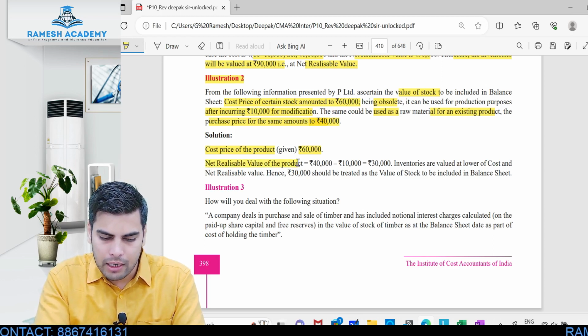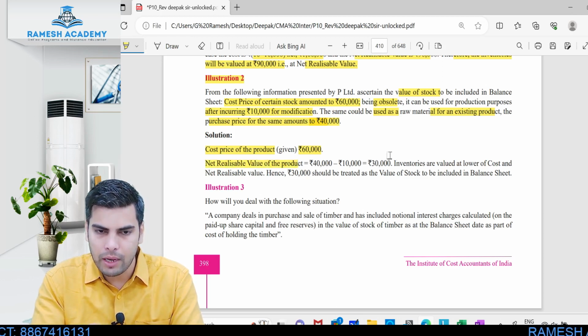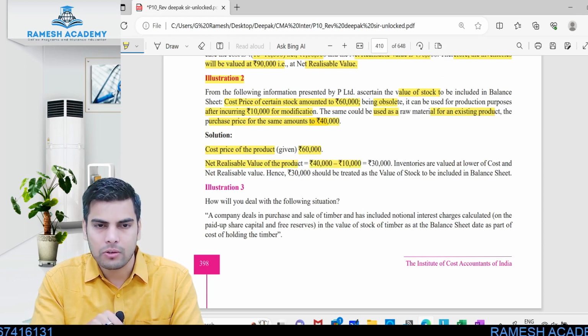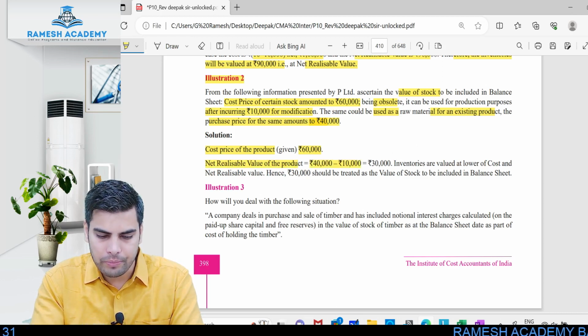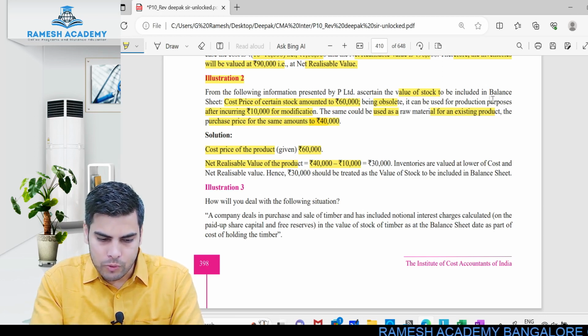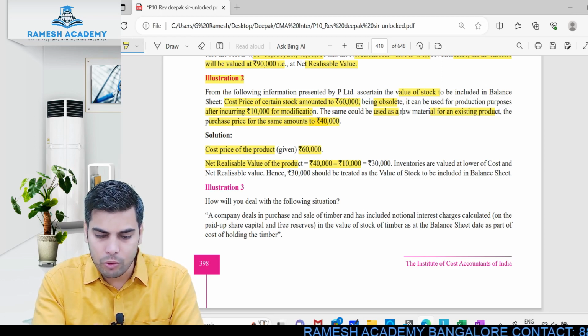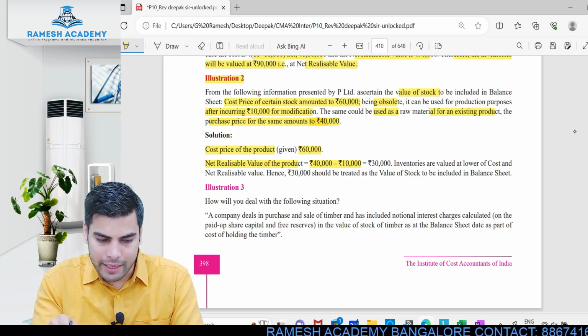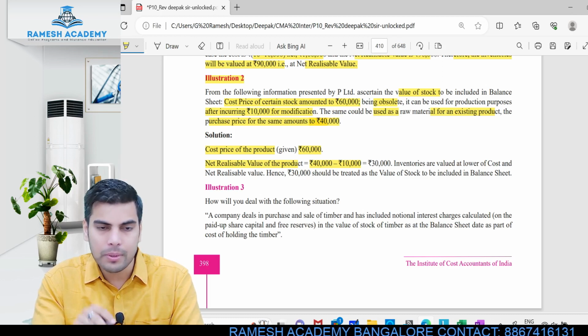What about net realizable value? Look at this: 40,000 minus 10,000. If I purchase raw material separately, the purchase price of the same is 40,000.